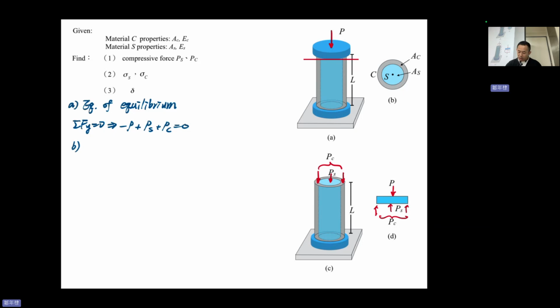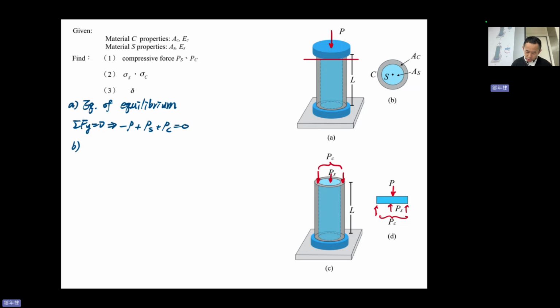So we know that this material is under compression, but the upper part of the material will generate forces in the opposite direction, upper PC, upper PS, against the downward P. So this figure is for here, not for this. All right, because in this part we cannot see P, because we cut it. All right. So firstly, the equation of equilibrium is done.